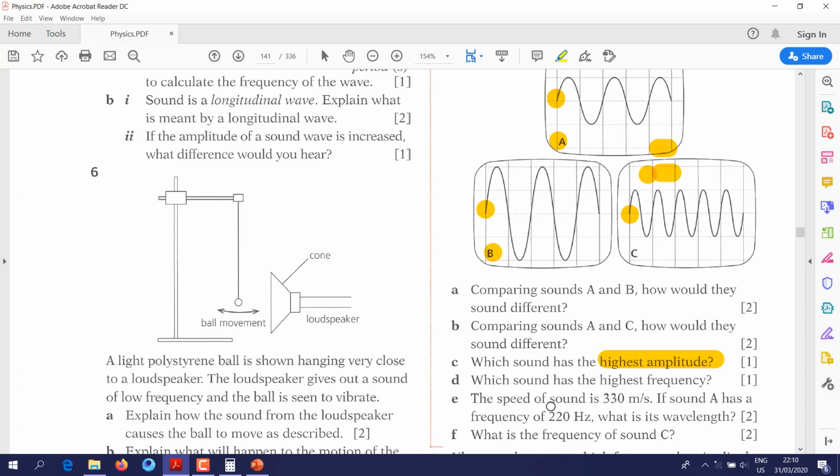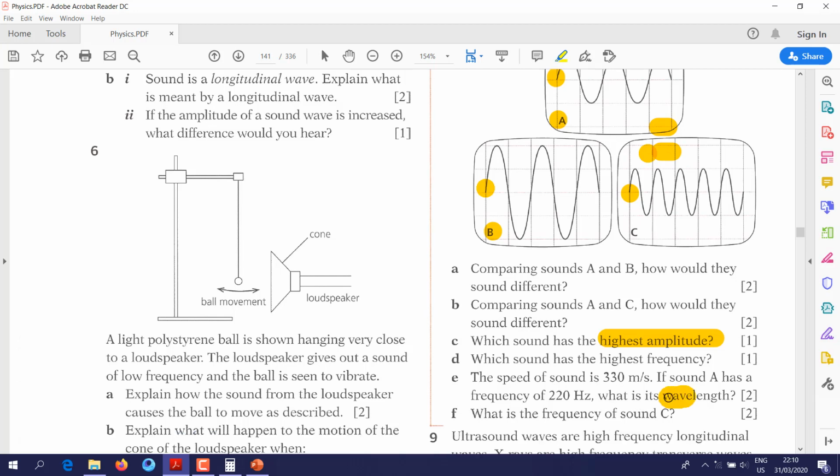E. The speed of sound is 330 meters per second. If sound A has a frequency of 220, what is its wavelength? How to solve this question? Again, the question is asking us to find the wavelength. So we will write wavelength equals speed over frequency.